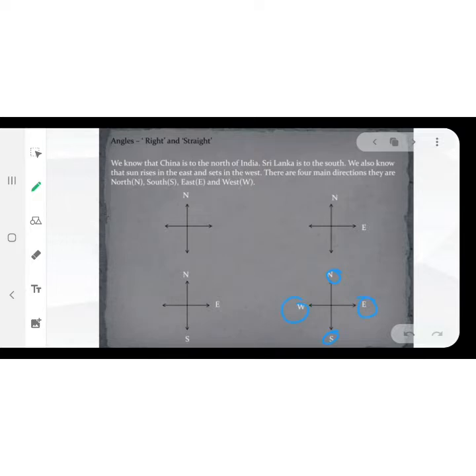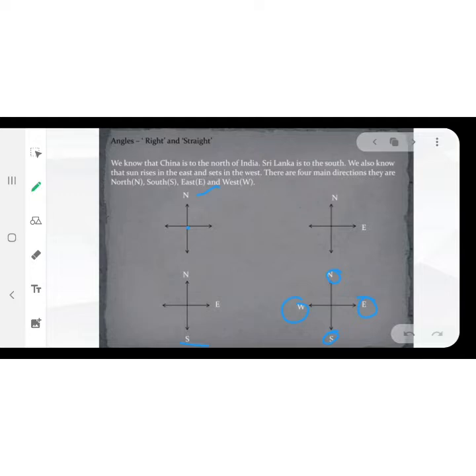So we know that China is to the north of India, suppose your India is here in the middle. From here you can see it is to the north of India. That means China is on the map above India's map. Then Sri Lanka is to the south. That means south is here, down. Here your south direction is there.